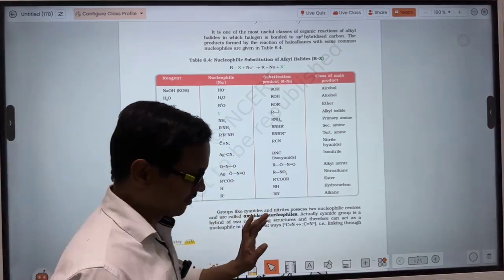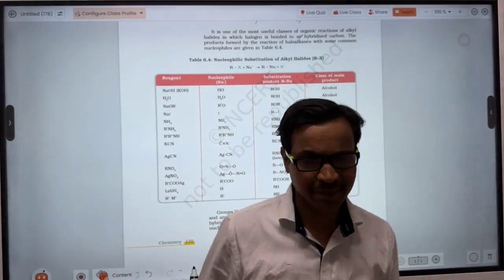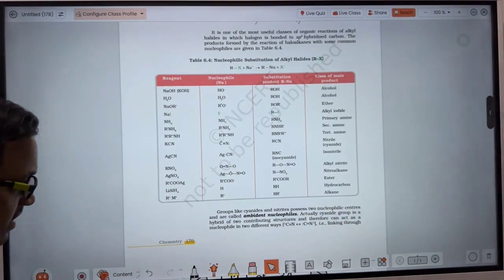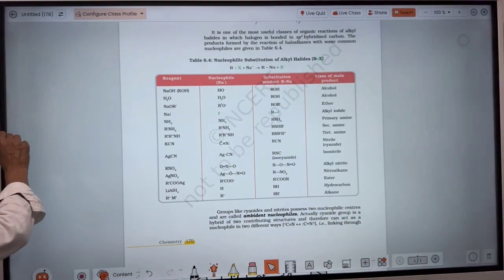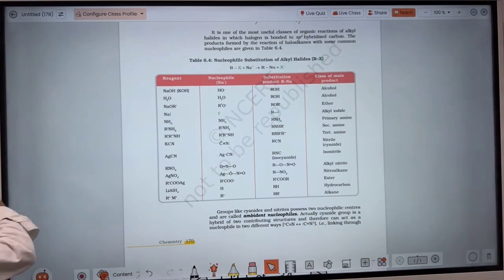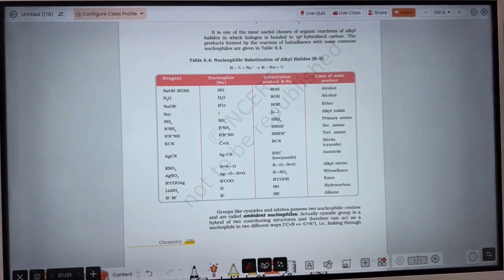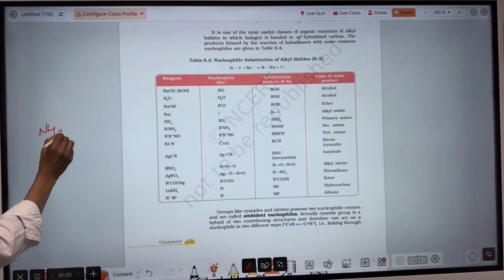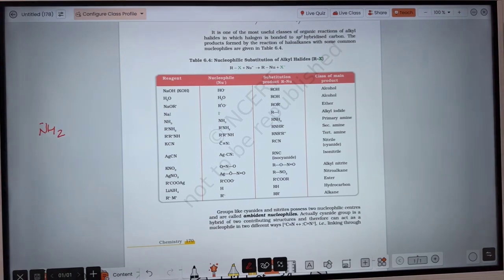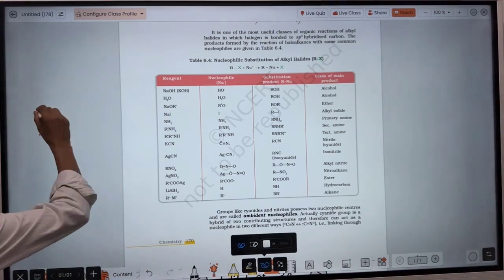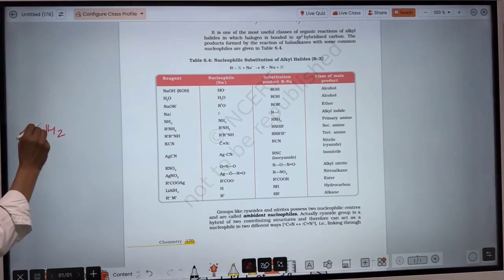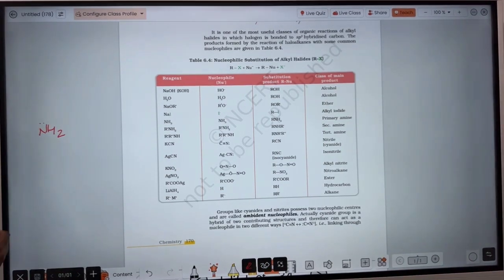In that one I have not taught you about the ambident nucleophile and unident nucleophile. So first of all, let's see what is an ambident nucleophile. Watch out here, NH2 minus is a nucleophile because here is a lone pair of electrons.